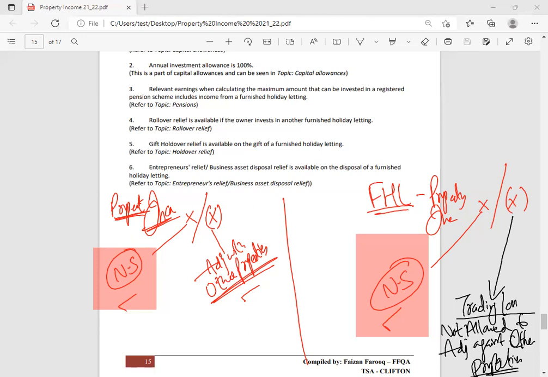The remaining differences will be part of our future course. Normal property losses will be adjusted against other property incomes. But an FHL loss will be adjusted against net profit. Trading income means net profit, and it will not be adjusted against other property incomes. Any questions, please?